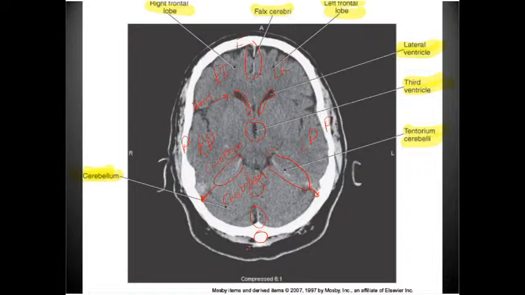Also, we have the external occipital protuberance, and the internal occipital protuberance here as well. I would also like to point out that we have a faint line running around the image, and this is basically soft tissue. This is your outermost layer of skin.